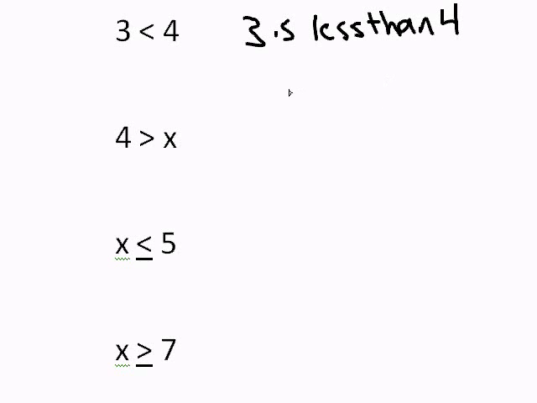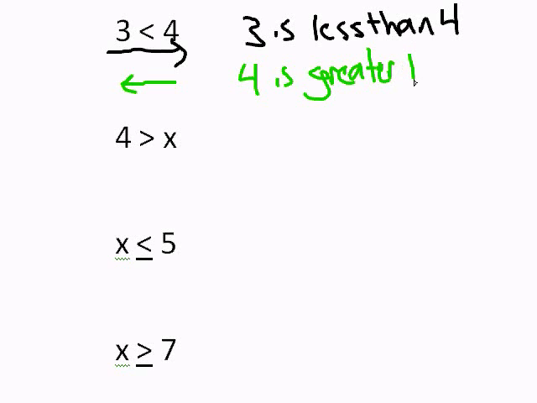Well, that's obvious. But it also means, that's reading it from left to right. If we read it from right to left, it reads as 4 is greater than 3.